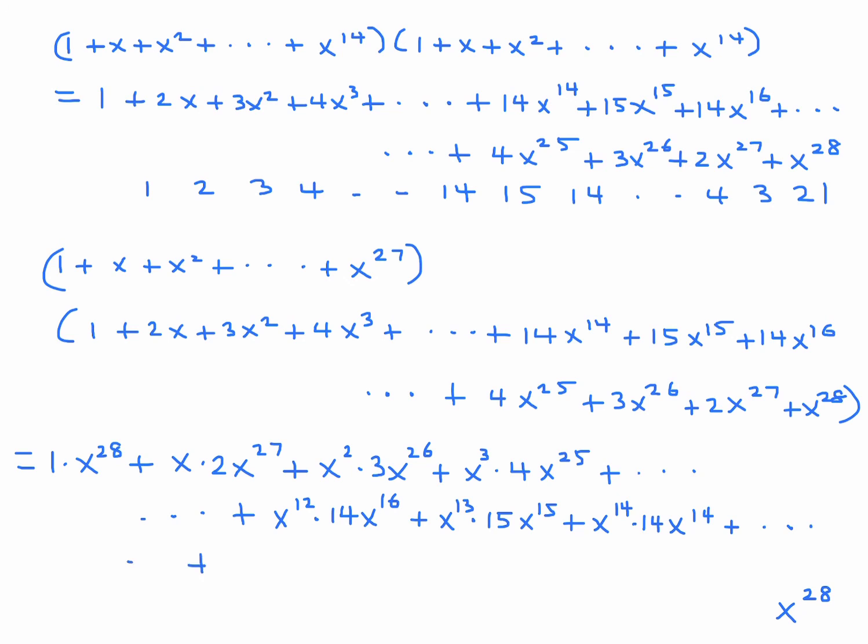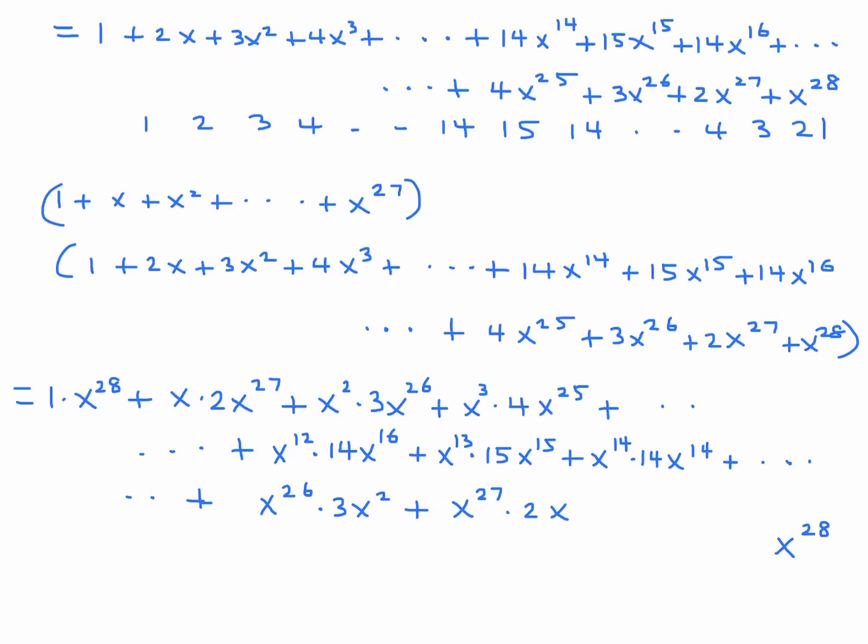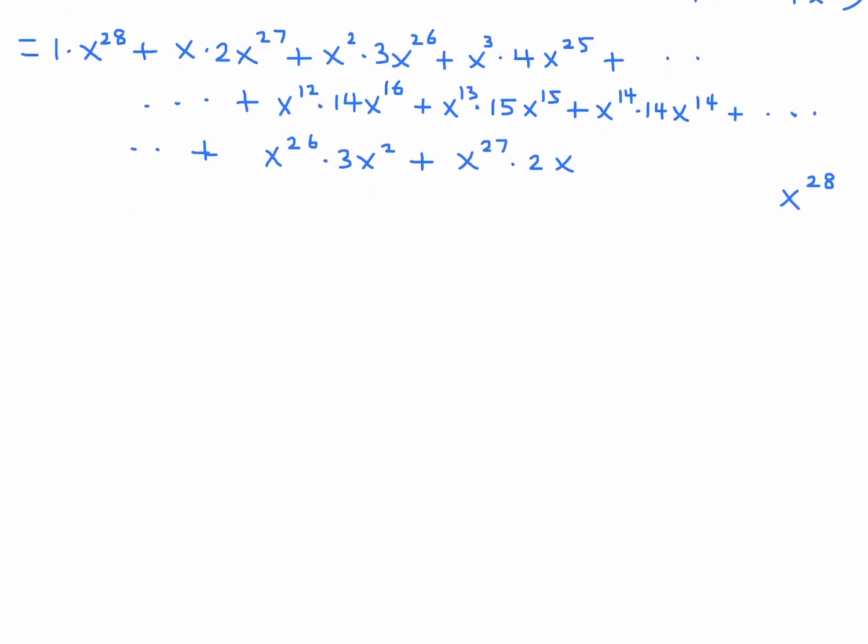And then eventually, to finish it off, at the very end of the train, you will get x to the power of 26 times 3x squared, and the very last one will be x to the power of 27 times 2x. All right? And that is illustrating all the coefficients of x to the power of 28.